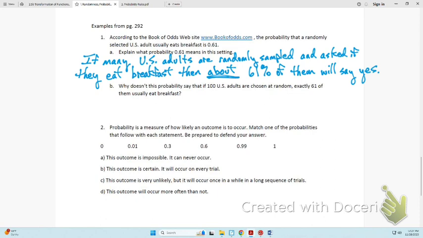Why doesn't it say if 100 are chosen, exactly 61? Well, it's because of variability. It is the risk of a random sample. Samples have variability.